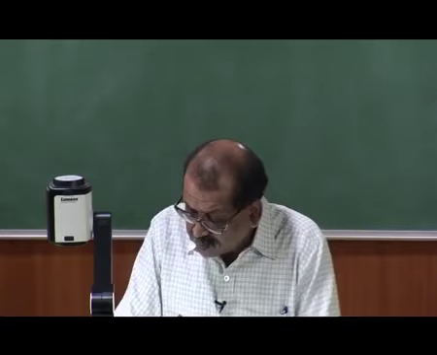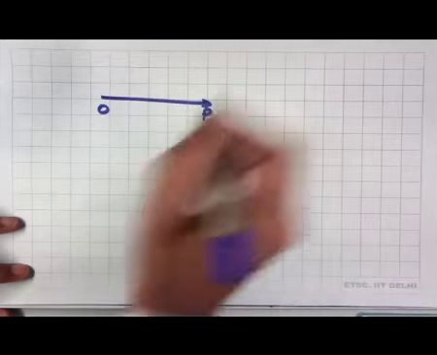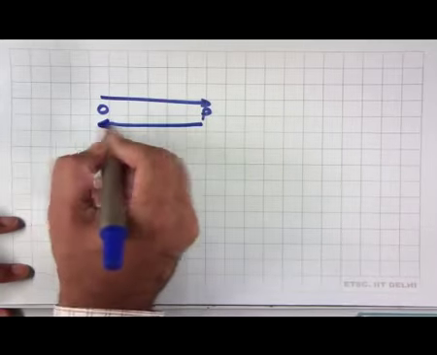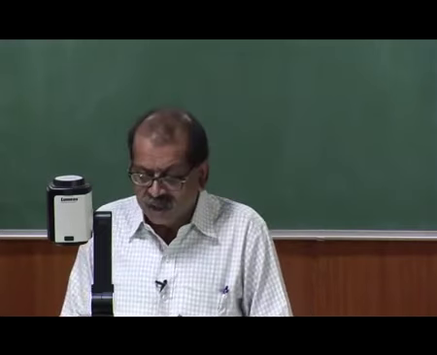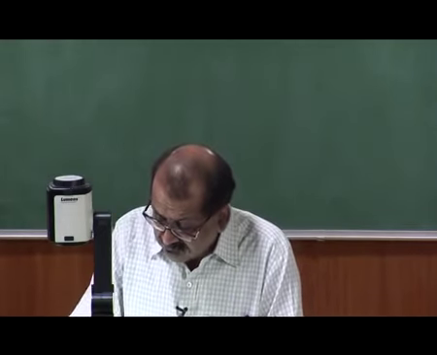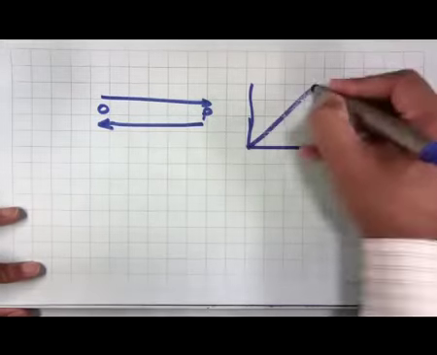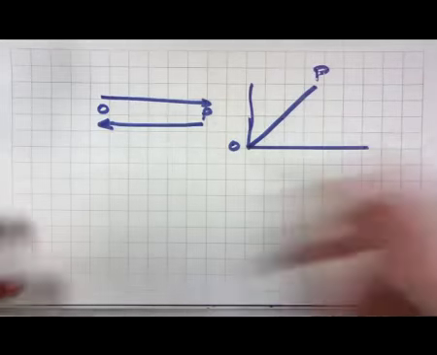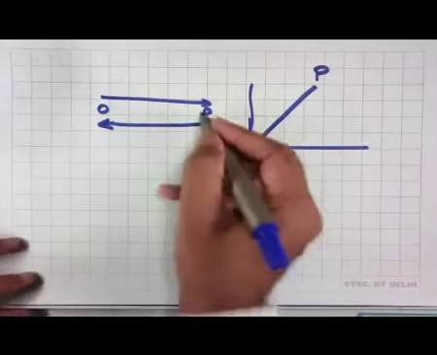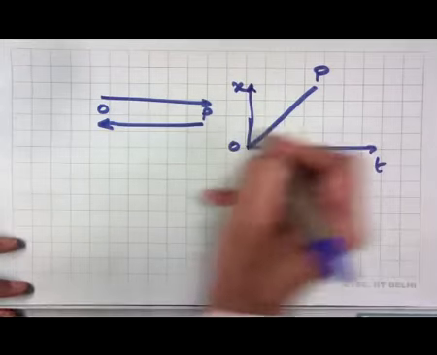For a particle which is travelling, let us say from O to P with some uniform motion and comes back from P to O, how will the x t curve for this motion look like? Here you will realize, well, the particle initially goes from O to P, and after P now what we realize is that x starts to decrease.